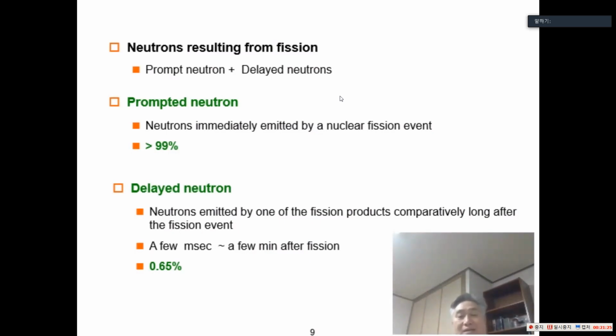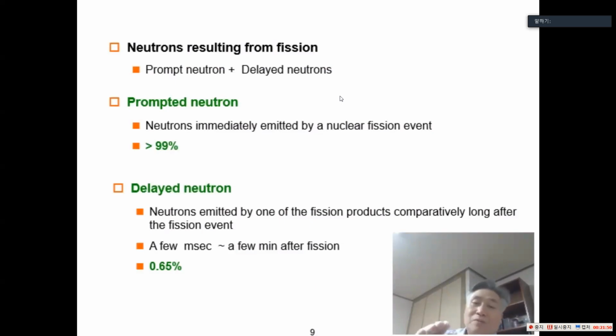I will not derive the equation today, but later on you will learn the delayed neutron is quite important. If we have more delayed neutron portion, the nuclear power reactor will be much safer.